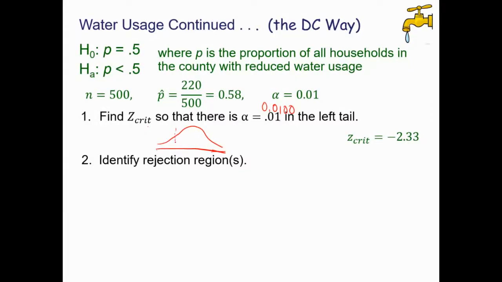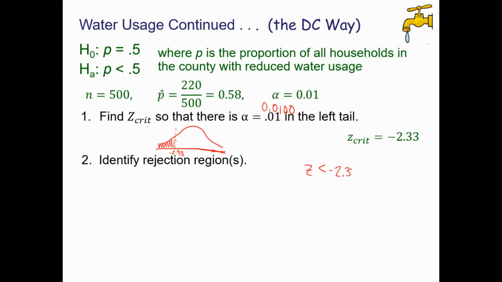Here's negative 2.33 right here. Z has to be less than, or equal to, negative 2.33. This one was two tails over here.